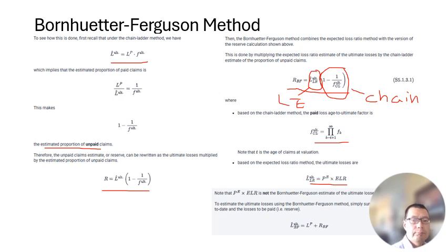So this Bornhuetter-Ferguson method has two components. Note that premium times ELR is not the Bornhuetter-Ferguson method estimate of the ultimate loss. To estimate ultimate loss using the Bornhuetter-Ferguson method, simply sum this all together: paid loss plus the reserve.